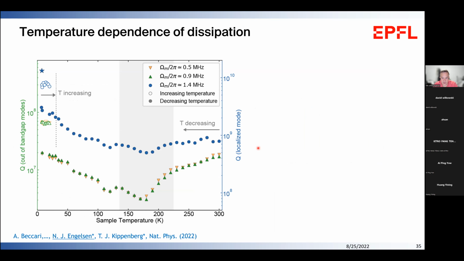We also looked then at the mechanical dissipation properties of silicon as a function of temperature. We saw that there are these dissipation peaks that are likely due to some kind of thermally activated two-level system. So the vibrations of the mechanical mode lead to some configurational change inside the material that leads to losses.